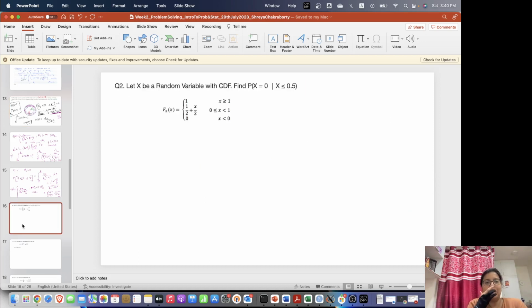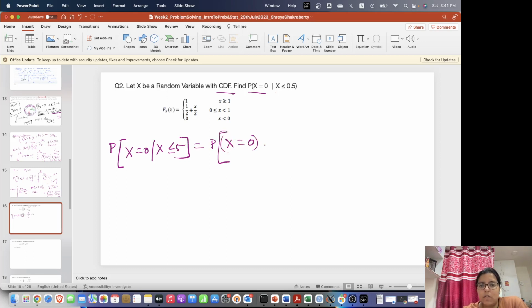Okay, so here let x be a random variable with the CDF this. We have to find out probability x equal to 0 given probability x less than equal to 0.5. So probability x equal to 0 given x less than equal to 0.5 can be written as probability x equal to 0 intersection x less than equal to 0.5 by probability x less than equal to 0.5.